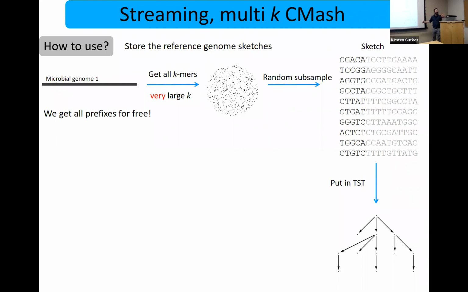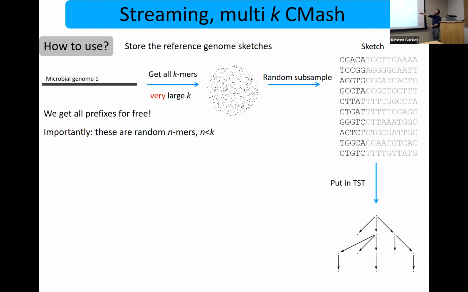Why is this helpful? Well, because these are k-mers for a smaller k-mer size, right? So I picked this large k-mer size. I now have access to that guy right there. And you can carefully characterize that if you randomly sample these large k-mers, then these prefixes are also a random sample of the shorter k-mer size.